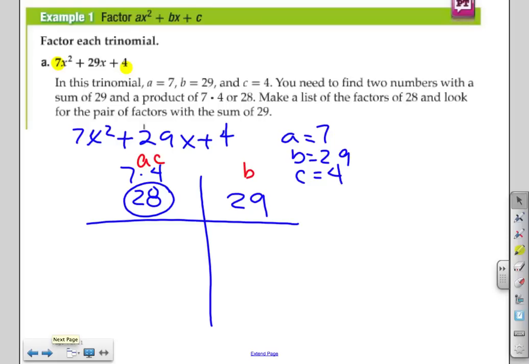Okay, so let's see what we can think of. What could we use here? Well, pretty quickly coming to mind is 1 and 28, don't you think? 1 times 28 is 28, and 1 plus 28 is, of course, 29. So that works.